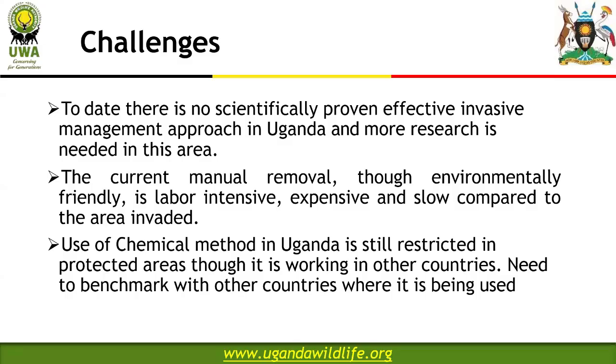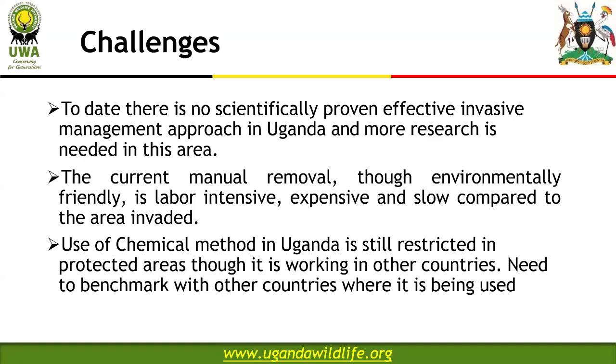So if you calculate that together, it is a lot of money that is needed. And of course, the area that is invaded is big. Even though I've tried to open up some areas with manual removal, the problem is still very big. I don't think manual alone will be able to help us manage this problem.